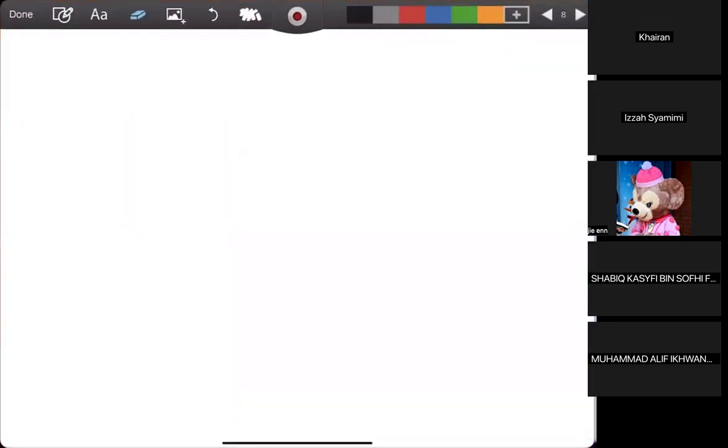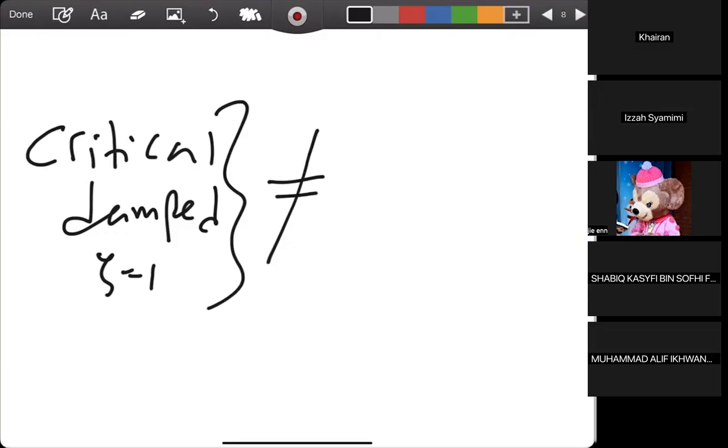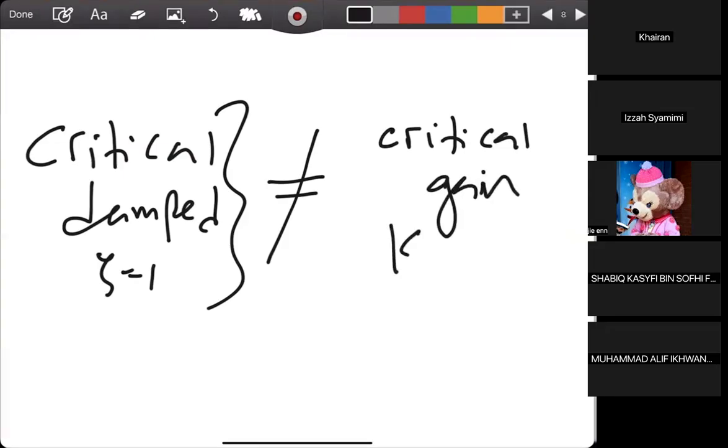Okay, I would like to remind you, students always confuse critical damp, where zeta equal to 1, with critical gain. Please remember this. Students always make this mistake.